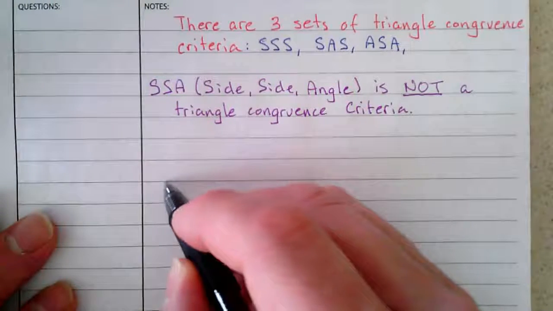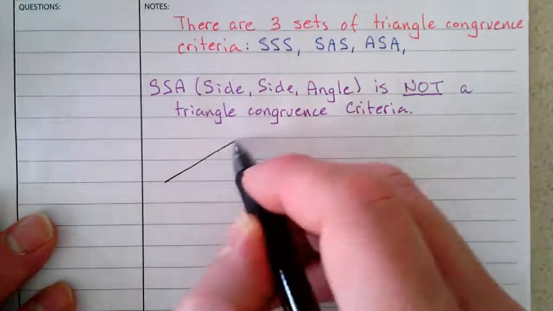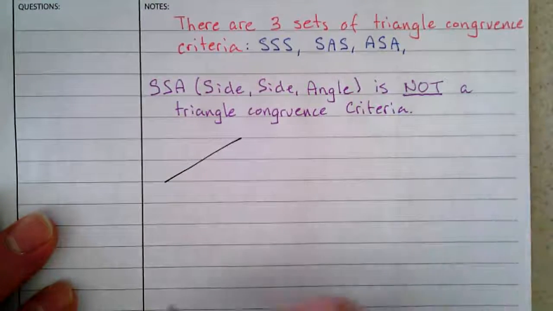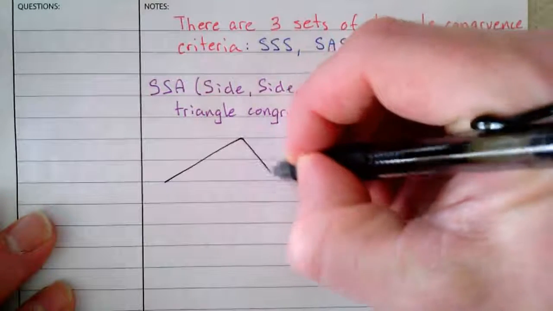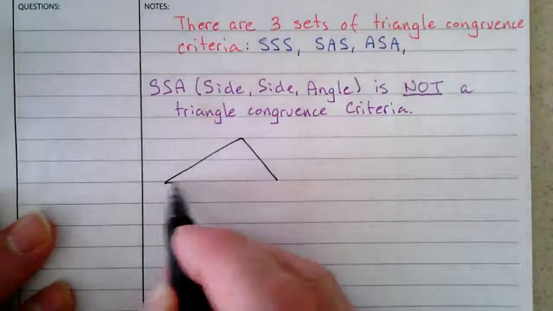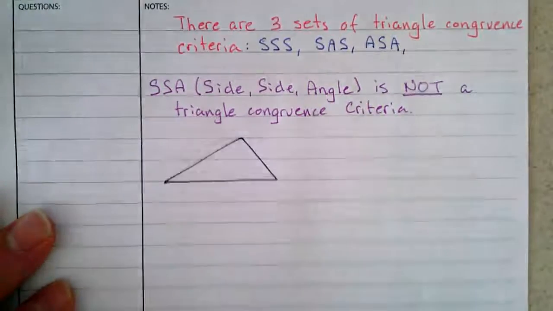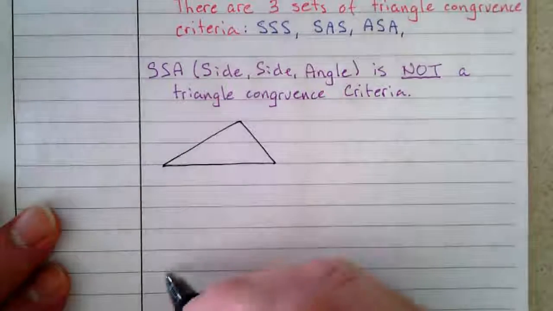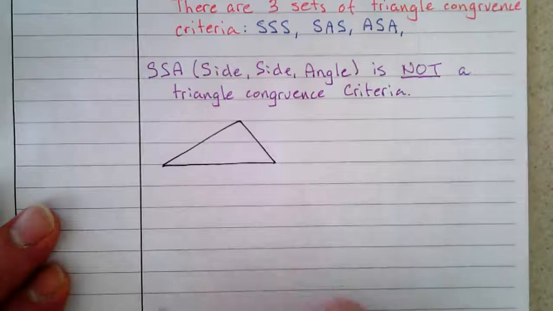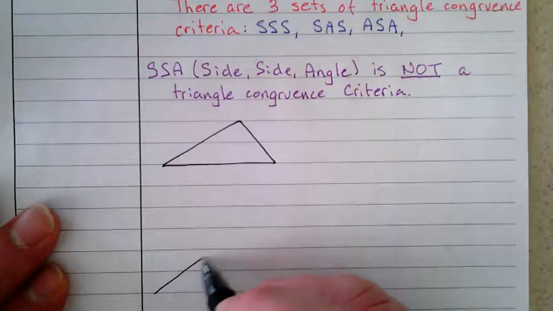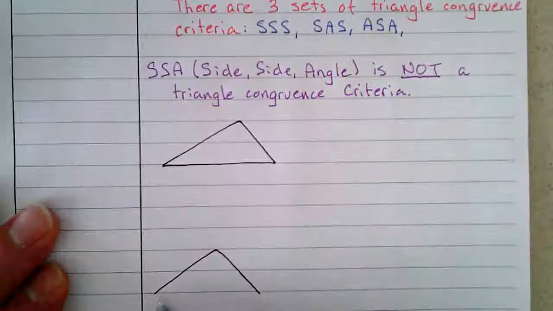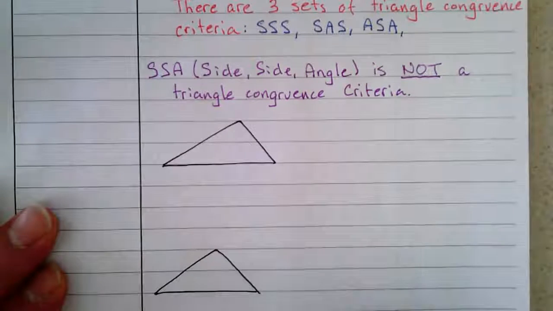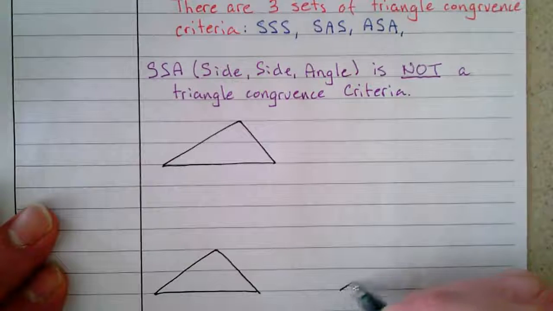Say I have a triangle here, and this triangle looks kind of like this. There we go. And then down here, I'll do my best to make these look congruent. This triangle, and then over here.